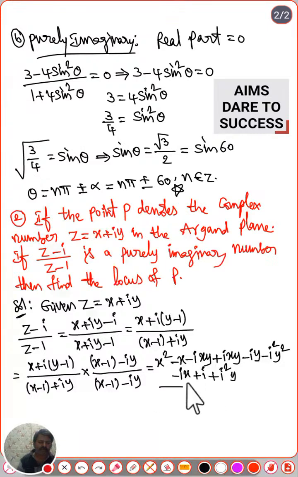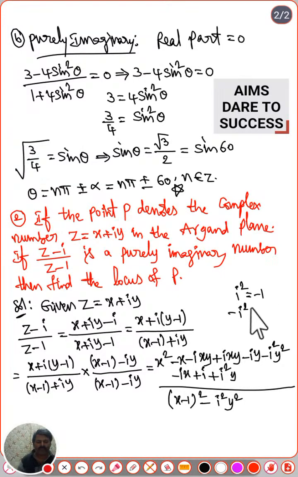The denominator looks like (a plus b) into (a minus b), that is a square minus b square. B square means i square y square. Here you can use i square is equal to minus 1, so minus i square is equal to 1.